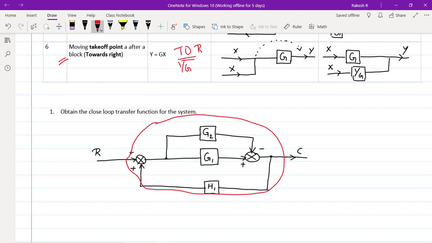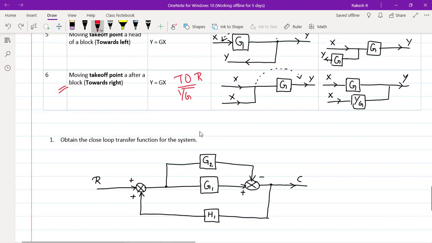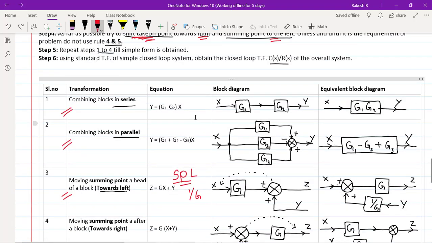So these cannot be parallel blocks. Only when we have one summing point and one takeoff point can we say those blocks are in parallel here, right? Now we can directly move on to combining the blocks in parallel.